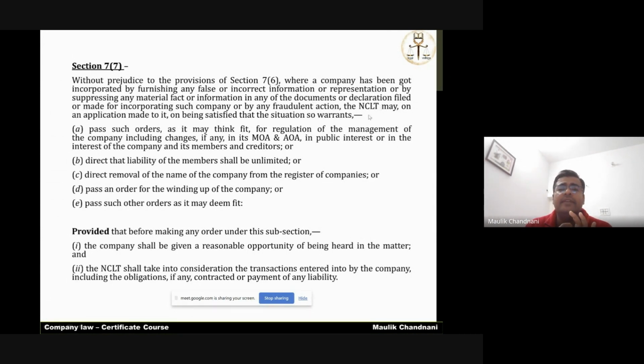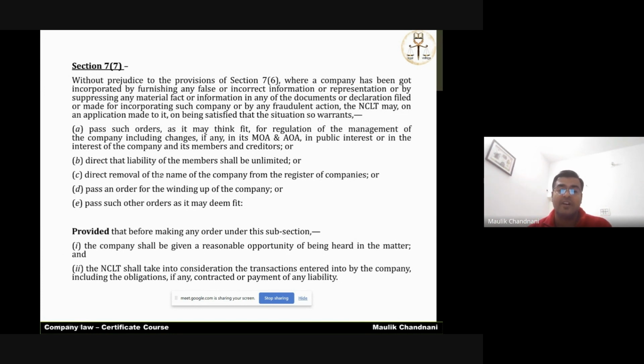and the NCLT can pass an order that, in the public interest, the management of the company is false, misleading or fraudulent. They can pass an order for the regulation of management.